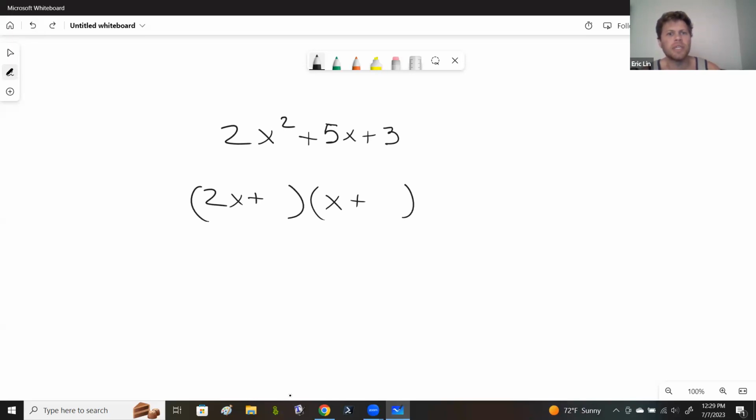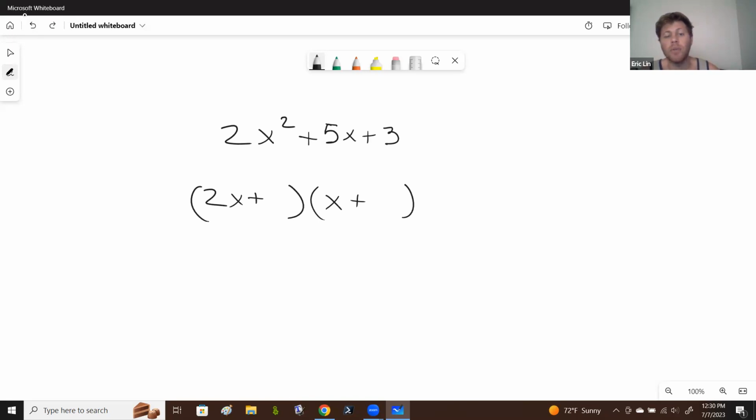Now, the question is, what goes in my other spots to get to 2x squared plus 5x plus 3? Well, I do know that the last two terms, whatever these guys are, they have to multiply together to give me a +3.